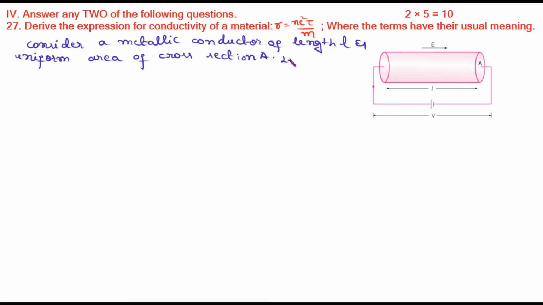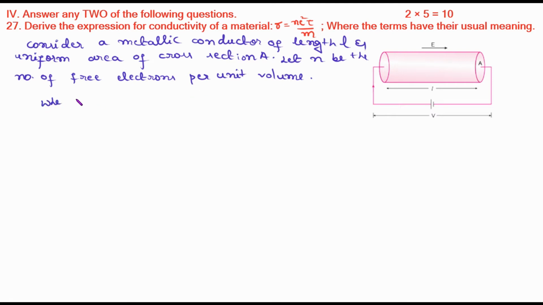So let n be the number of free electrons per unit volume in the material. Consider a metallic conductor whose length is L and uniform cross-sectional area A. Let n be the number of free electrons per unit volume.